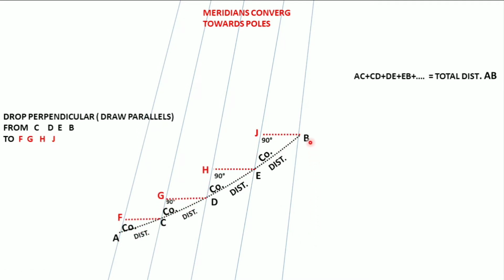If I draw a parallel of latitude through all these points B, E, D, A, we know that the parallel is perpendicular to the meridian.